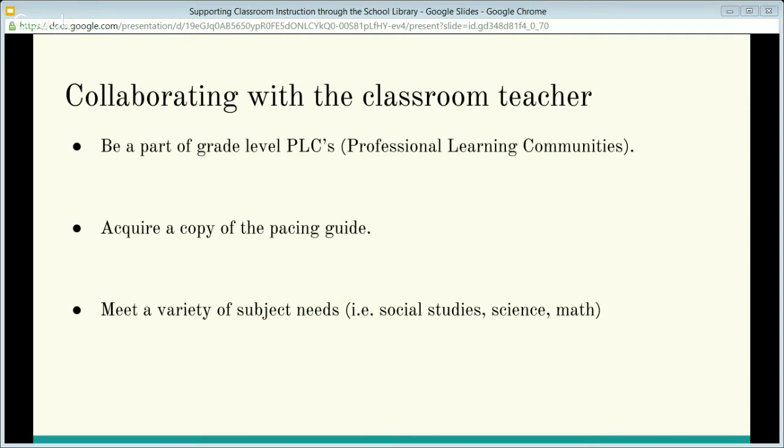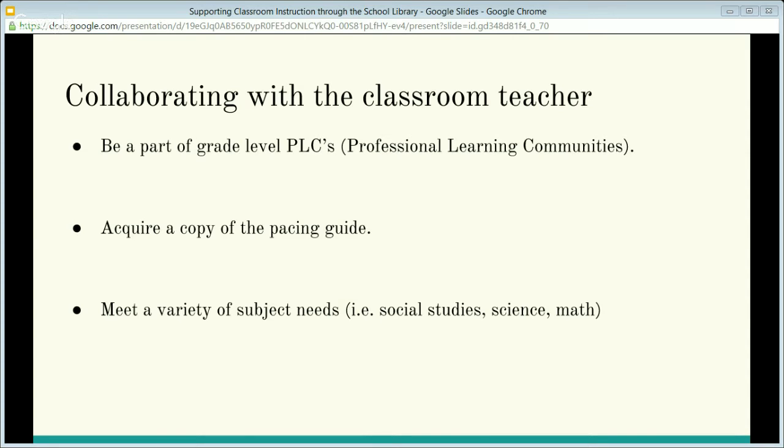The pacing guide breaks down around what time of each month they should be focused on each theme. And so, I know for my school district, that information is shared with all staff through our staff portal. So I'm able to acquire it from there.